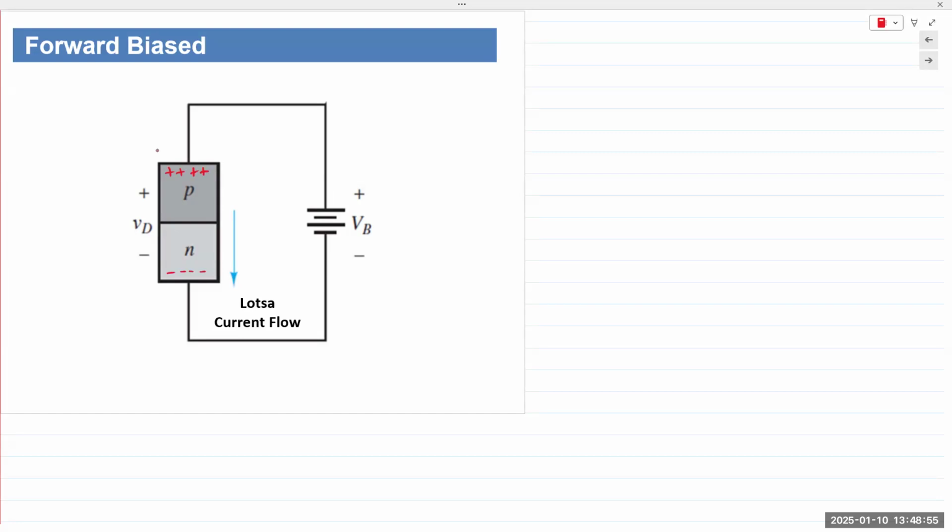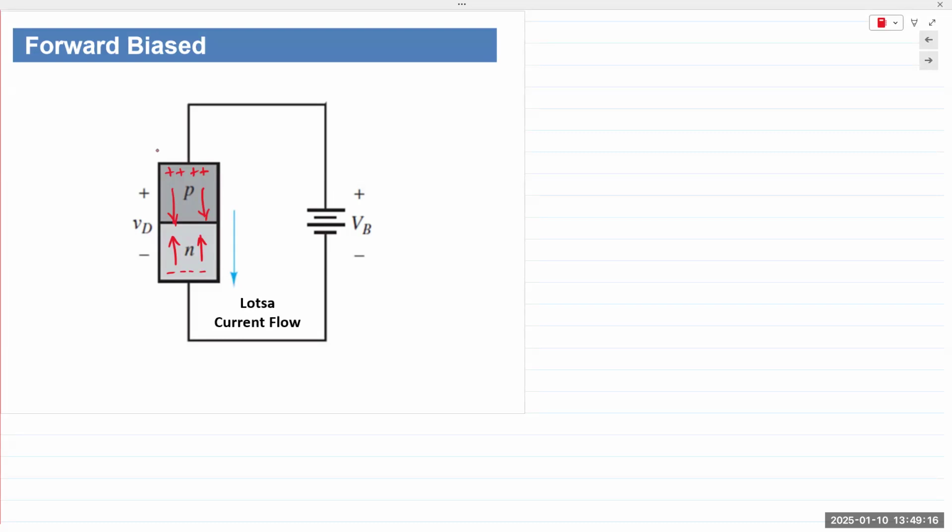You connect it to positive, the holes are repelled, the electrons are repelled, and they are pushed in this direction. If you impart sufficient energy, that barrier is overcome, and the holes and electrons will cross over.